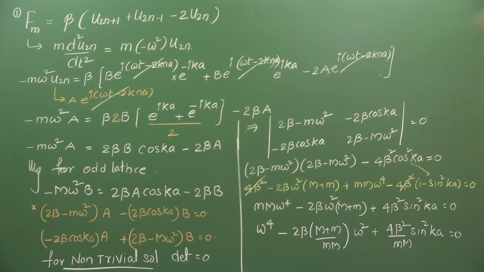Finally you got omega power 4 minus 2 beta, 1 by small m plus 1 by capital M, omega square plus 4 beta square by small m capital M sin square Ka.